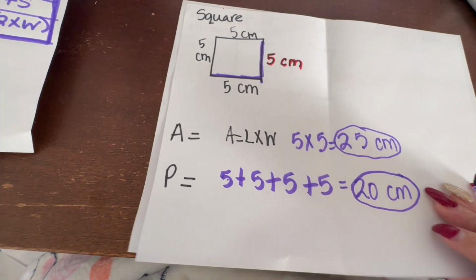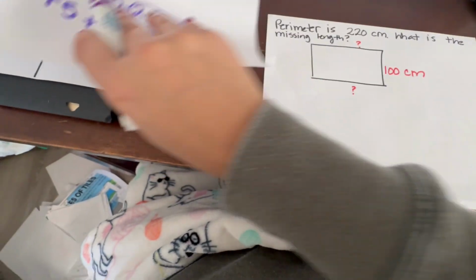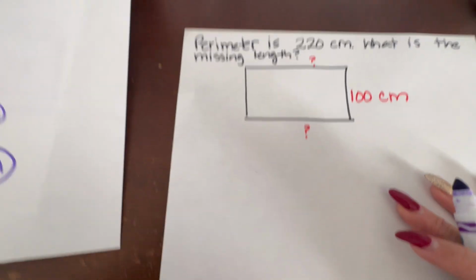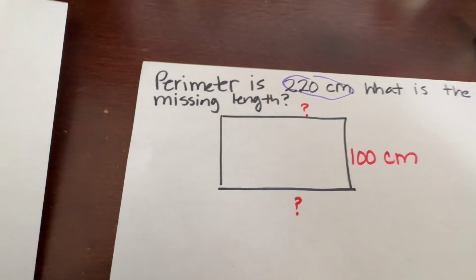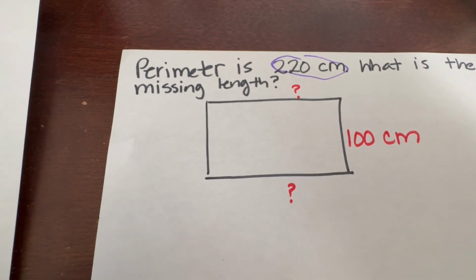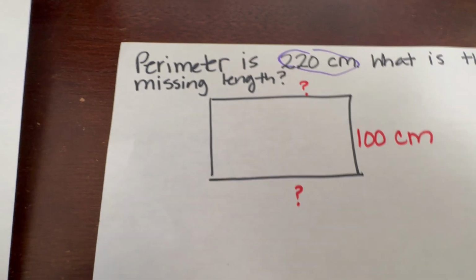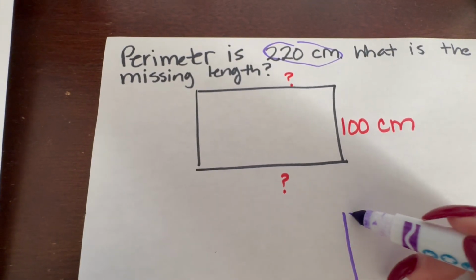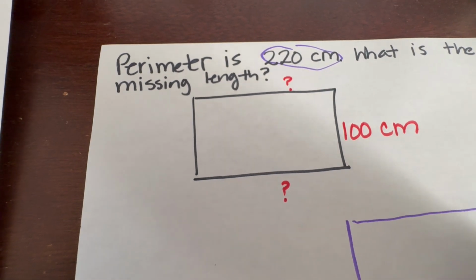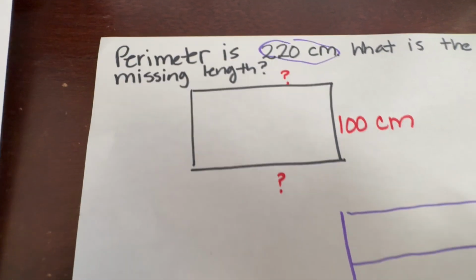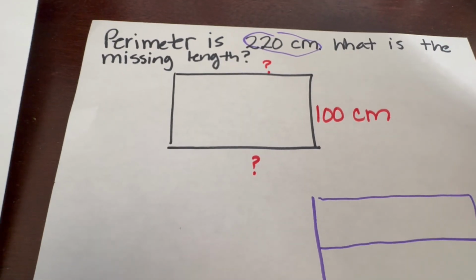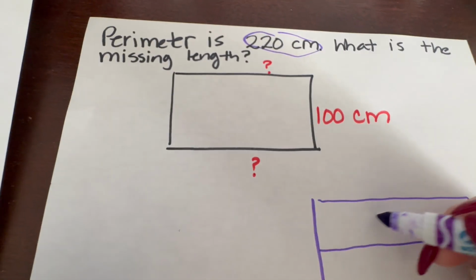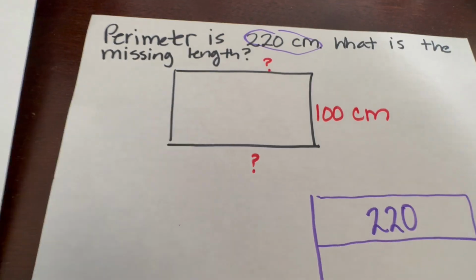Okay, that's this example. Let's do this last example. A lot of times they will give you the whole, like right here, and they want you to find the missing lengths. So for this one, we can use part, whole. And whenever we're working with perimeter, you can almost always use part, whole because we have a whole and we have parts. Here, the whole is 220 centimeters.